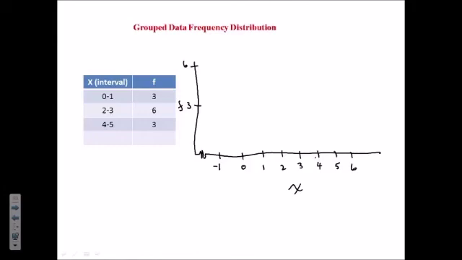Now, if we were making a bar graph, we would say the interval 0 to 1 go up to a height of 3. So 0 to 1 would be in here. And we're going to go up to 3. So you might make a bar going something like that. That would be a reasonable thing to do.